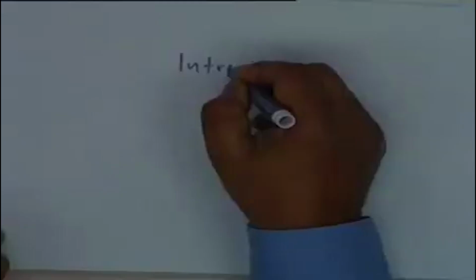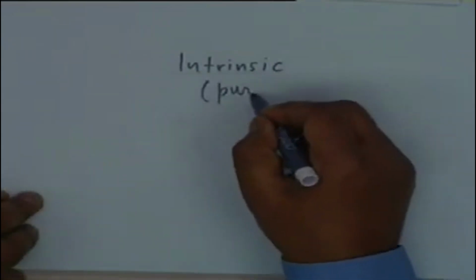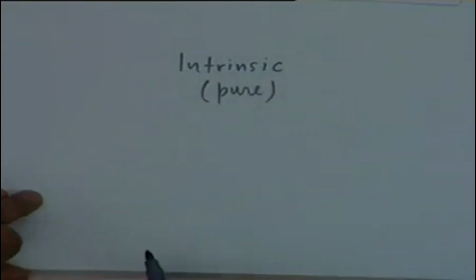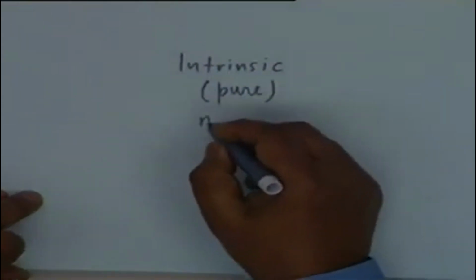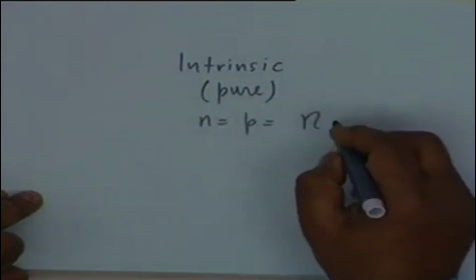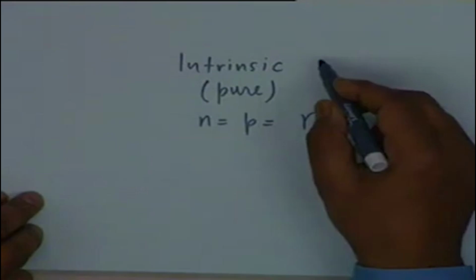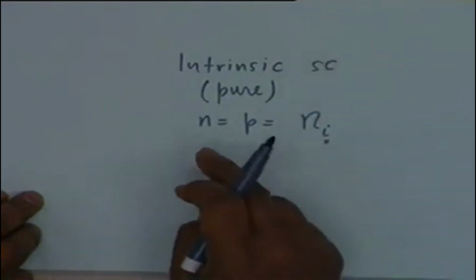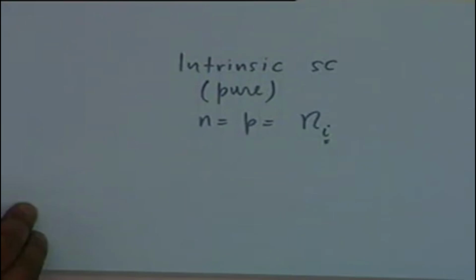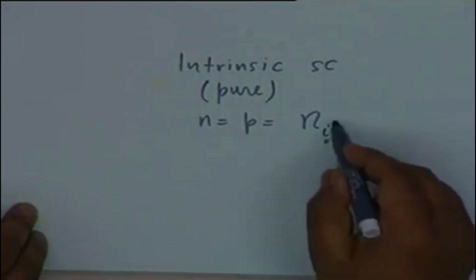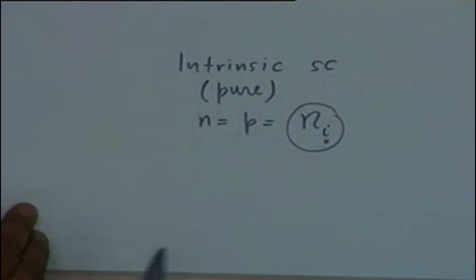If it is impure, then the situation is quite different, which we shall come to, but you understand that in a pure semiconductor, which is also called intrinsic, and the meaning of the word intrinsic shall be clear a little later, in an intrinsic semiconductor N is equal to P is equal to Ni. This I stands for intrinsic. In an intrinsic semiconductor, germanium or silicon, the electron concentration is the same as the hole concentration, and this is usually denoted by Ni, all right.